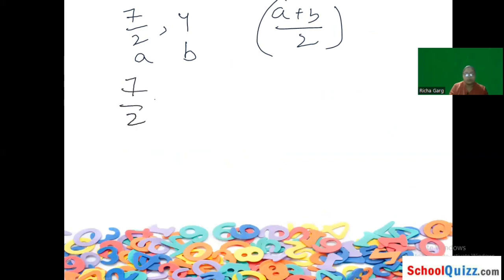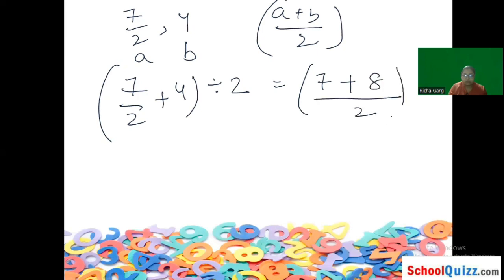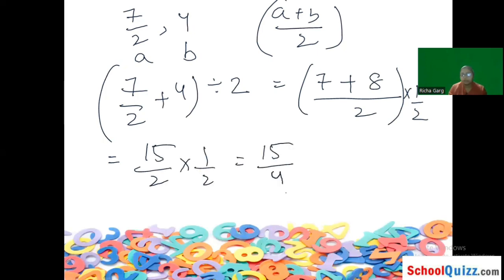So 7 upon 2 plus 4 divided by 2, which will be 7 plus 8 upon 2 multiply 1 by 2, reciprocal of 2. 7 plus 8 is 15 by 2 multiply 1 by 2, which is 15 by 4.